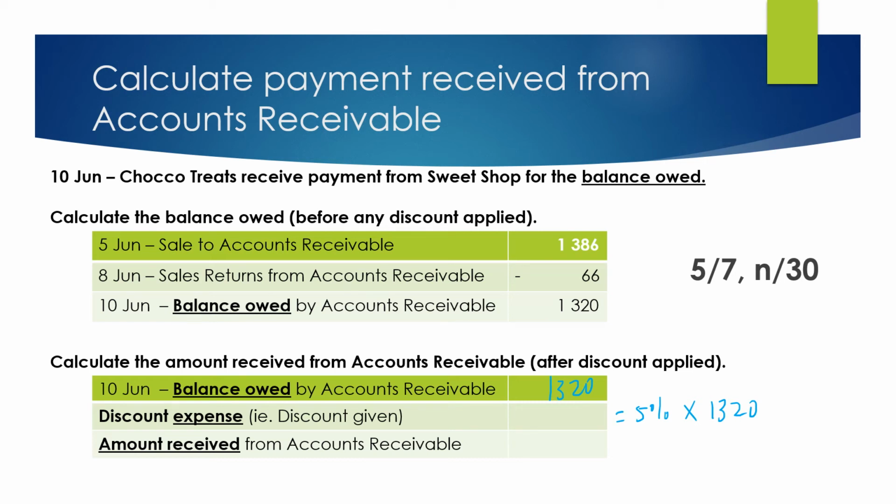This gives us a discount expense of $66, which reduces the amount that the accounts receivable has to pay the business. Therefore, the amount that is actually and physically received from the accounts receivable is only $1,254. And this amount of $1,254 is physically received in the bank account of Choco Treats.